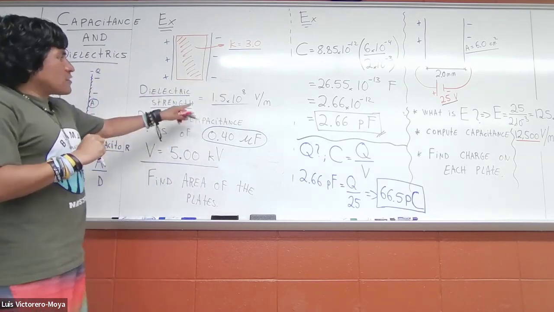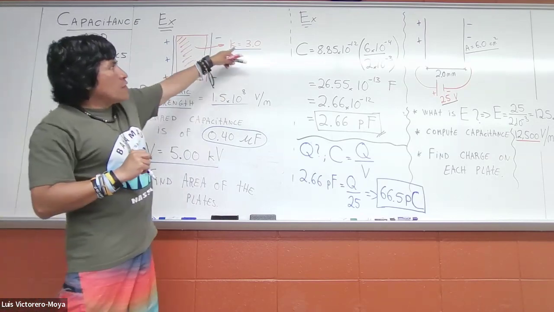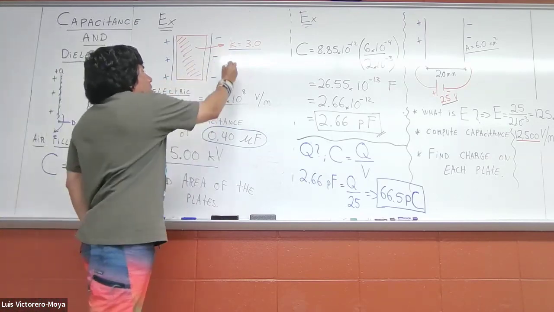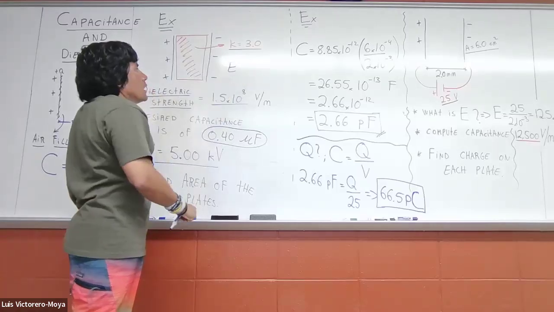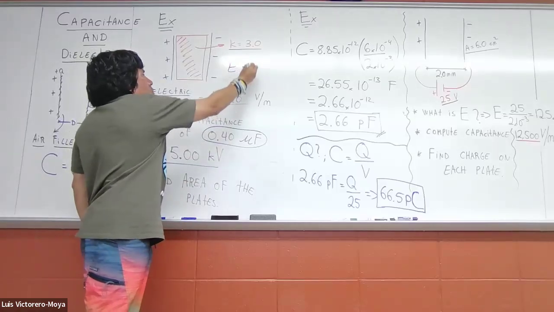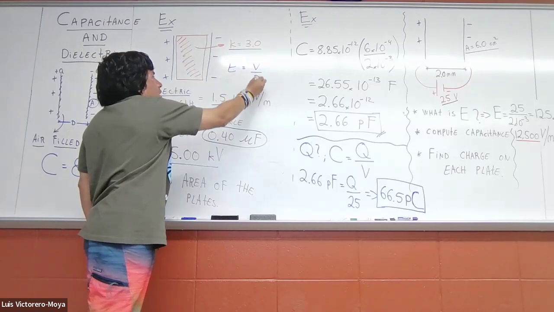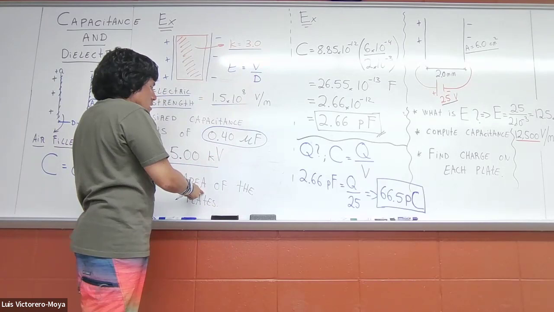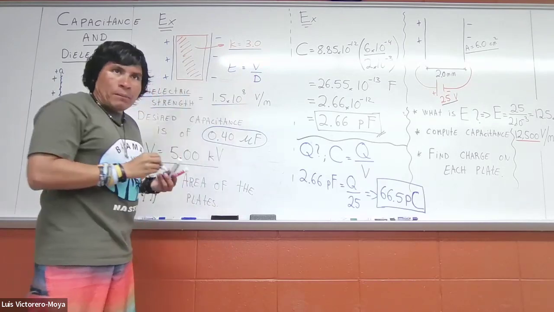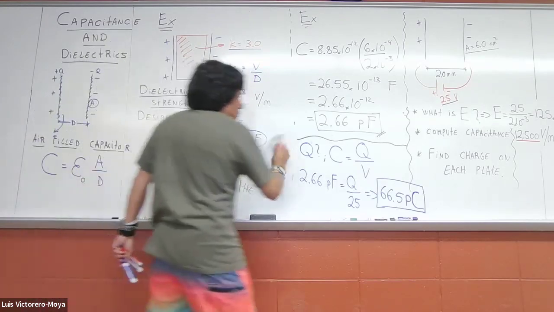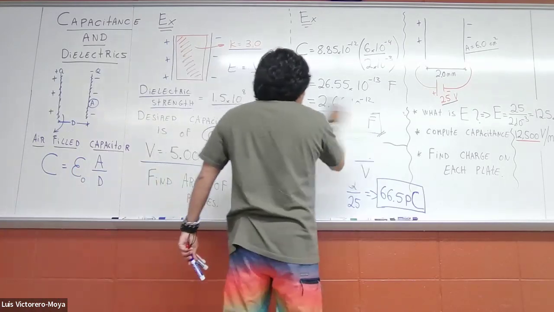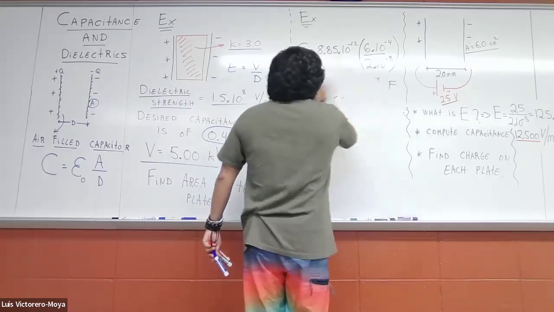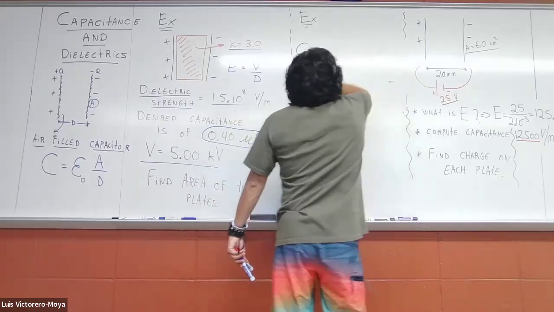If you have the dielectric strength and you have the dielectric constant, you can find the E. And E equals voltage over distance. There you are. If I have the distance and the area, I can find the capacitance. So that's what you do.